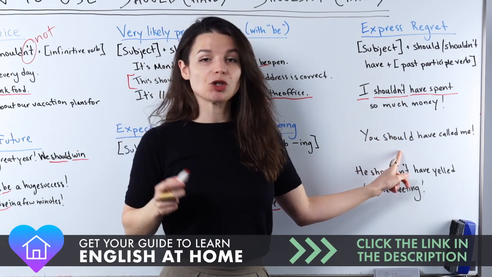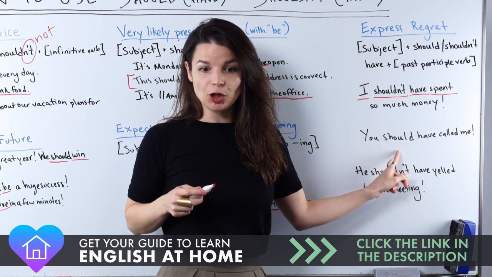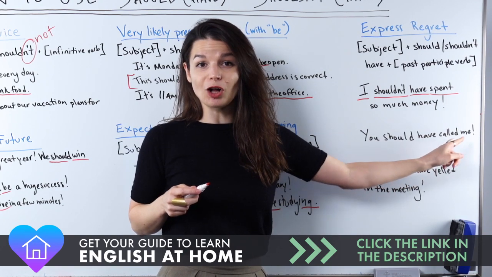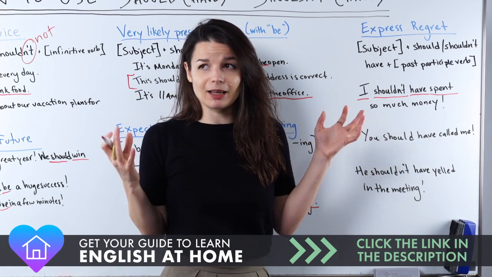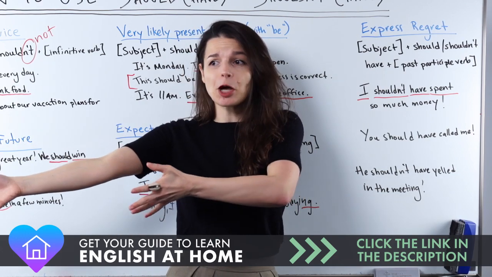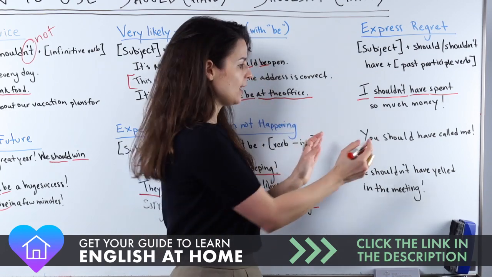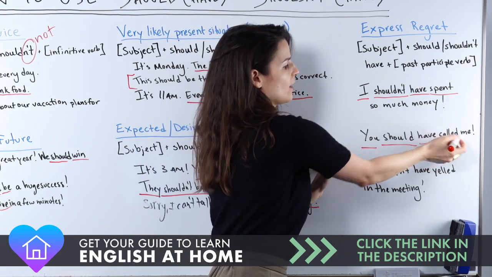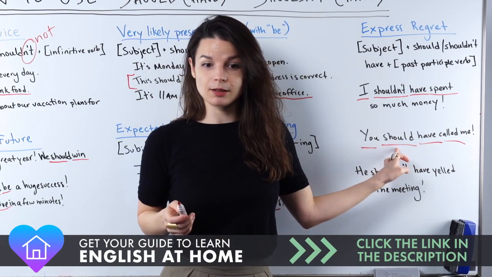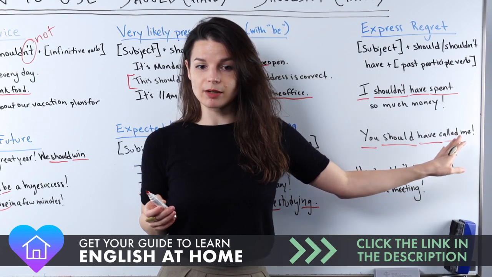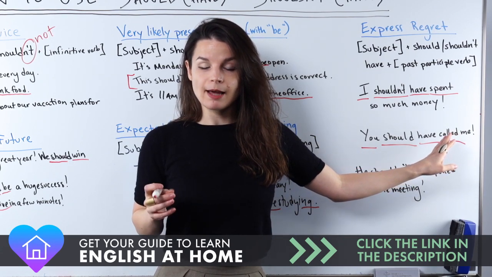Let's compare this to the positive form. You should have called me. So for example, my friend was struggling. My friend needed help. You should have called me. In this sentence, I'm using the positive. So should have, and then the past participle verb form, called me.